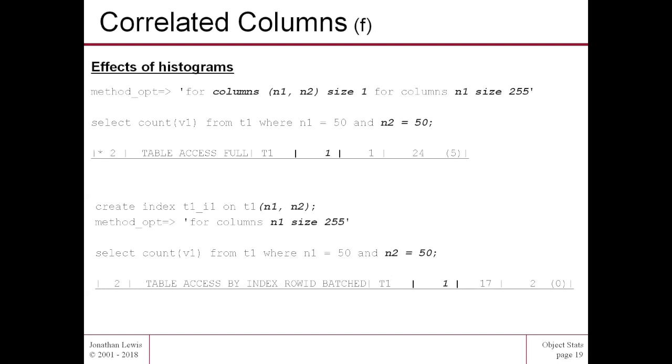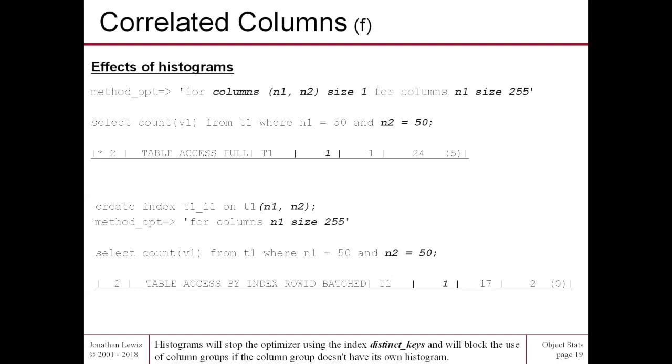How many column groups have you created? Have you got a histogram on those column groups that allows you to have a safe histogram on the underlying columns? So be extremely careful. I'm always telling people you've probably created too many histograms. This is just one of several reasons why your histograms might be a threat rather than a benefit.